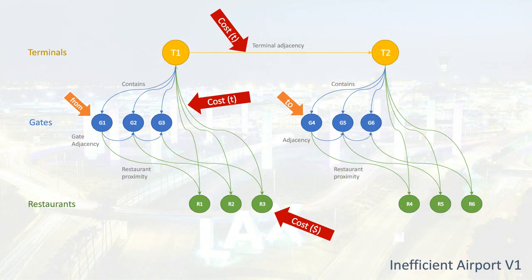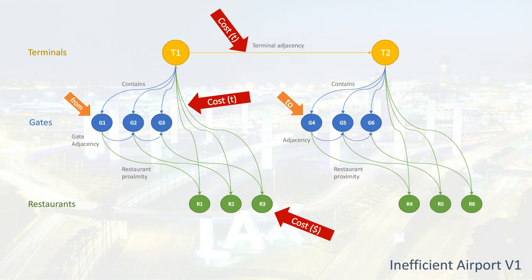So going back to the slide deck, let me see. As you may see, that is the way that the application represented these airport constraints. As I mentioned, there's a cost associated to every one of the vertices as well as every one of the restaurants. There is a money cost, a time cost of switching terminals, et cetera.